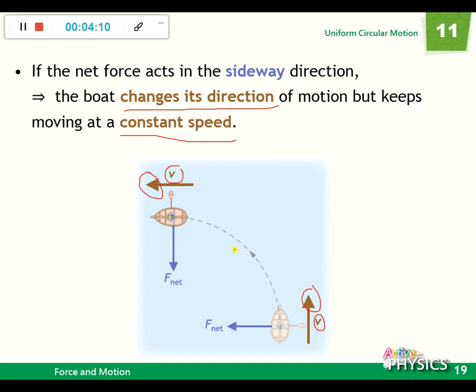Then in order to do it, you can see that the force acting on it must be sideways. But why? If the force is acting in this direction, you can resolve it into components. One is in this way, the other one is in this way. In this way, the effect is to make it accelerate, so you cannot keep the speed constant.